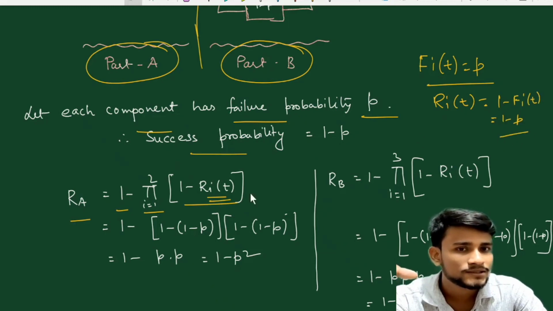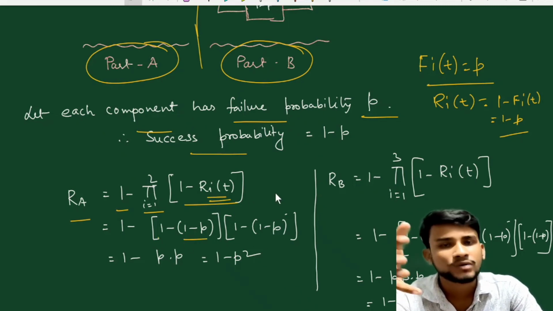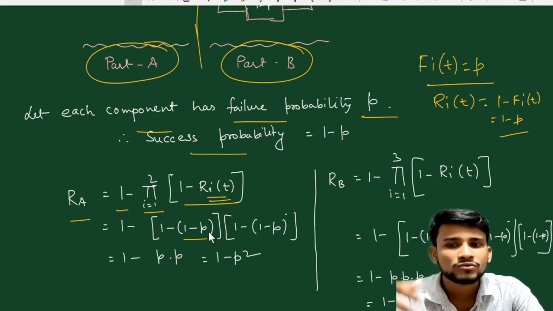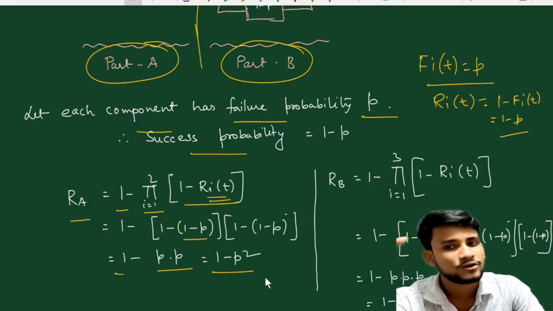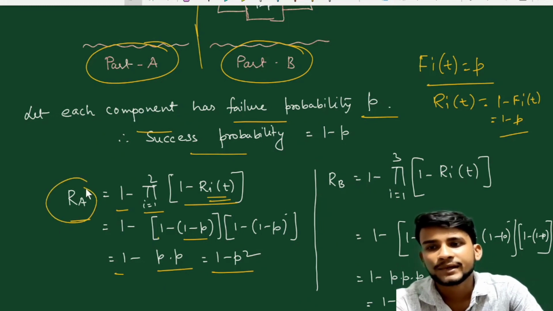This is the success probability. We put the value 1 minus p into R1 and R2. So 1 minus (1 minus R1(t)) times (1 minus R2(t)), with R1 and R2 having the same success probability 1 minus p, gives 1 minus p squared. So this is the reliability of part A.